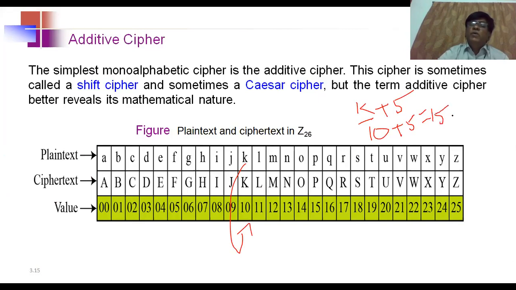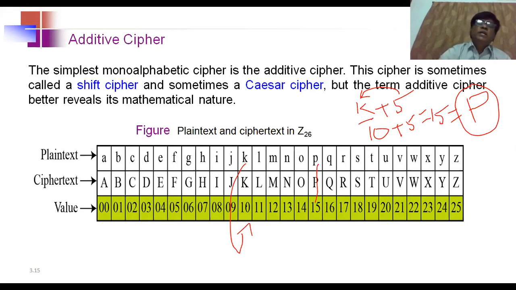What is the equivalent character for 15? This is P. So if I add the numeric value 5 to K, I get the character P. That's why this type of cipher is called additive cipher.